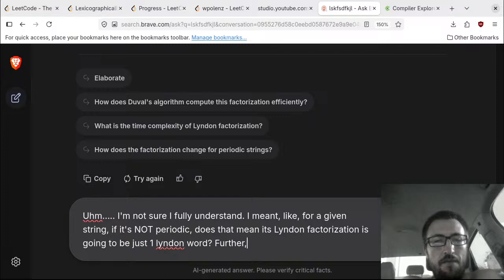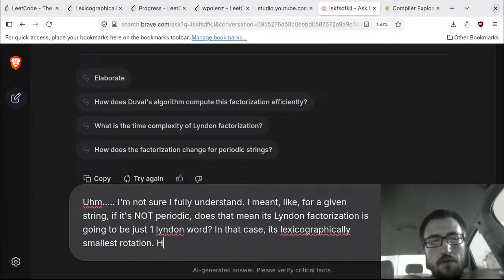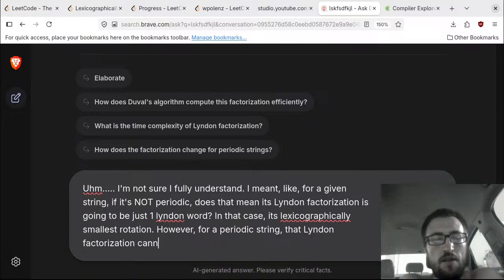Further, in that case, it's the lexicographically optimal rotation. However, for a periodic string, that Lyndon factorization cannot be a single word.